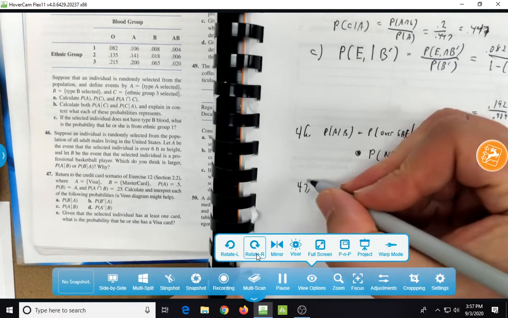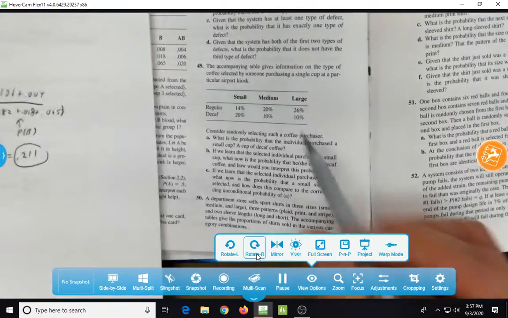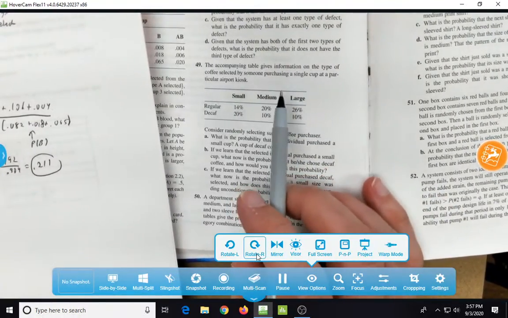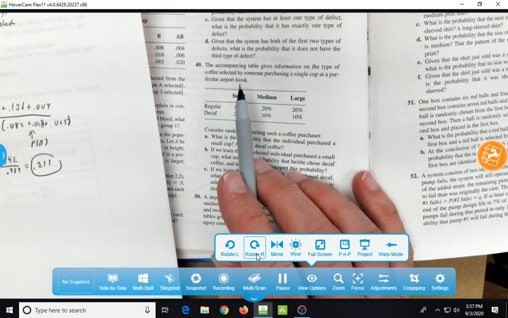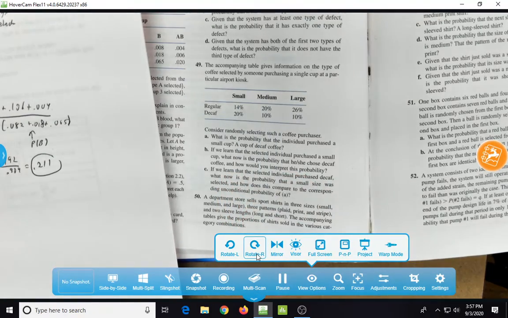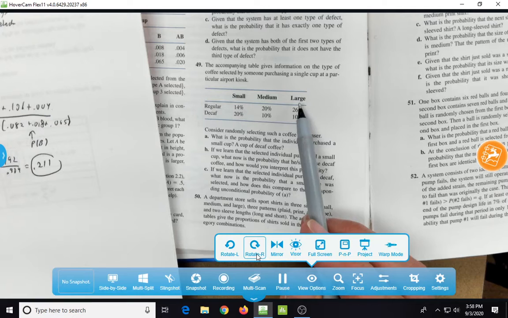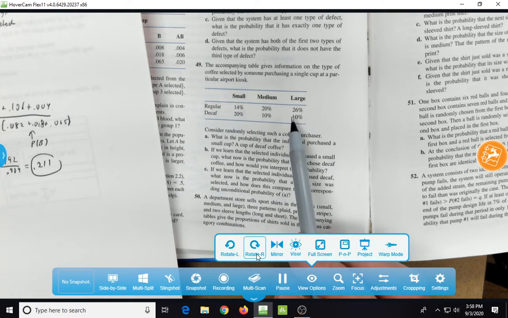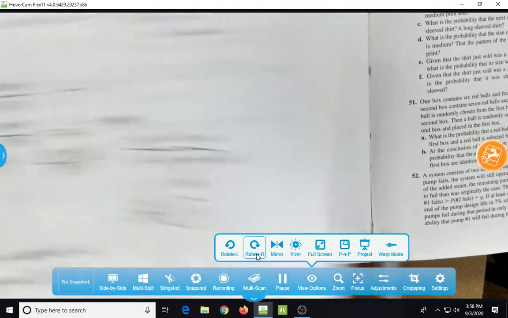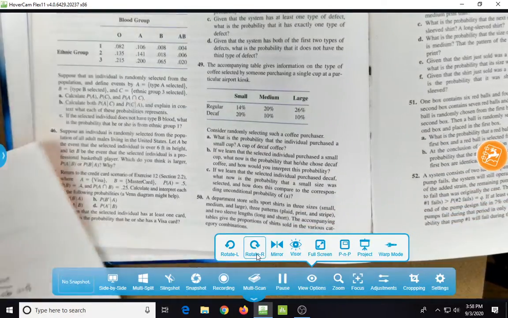Let's go on to number 49. And this is a table that gives us information about the type of coffee selected by someone purchasing a single cup at a particular airport kiosk. And so, 34% drink small, 30% drink medium, 36% large, and we can go all the way across this way. Actually, I set it up here.